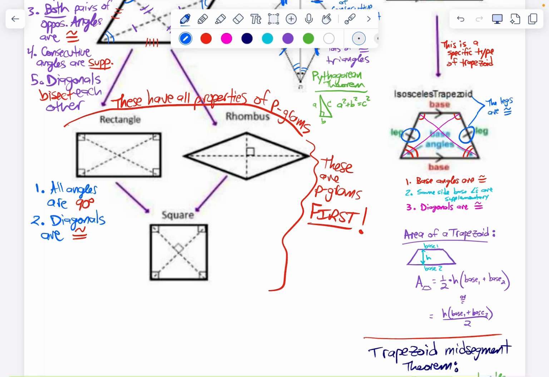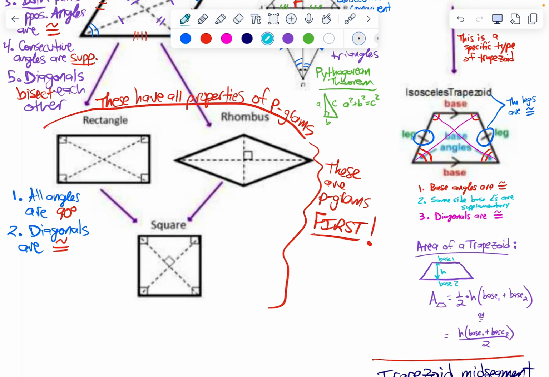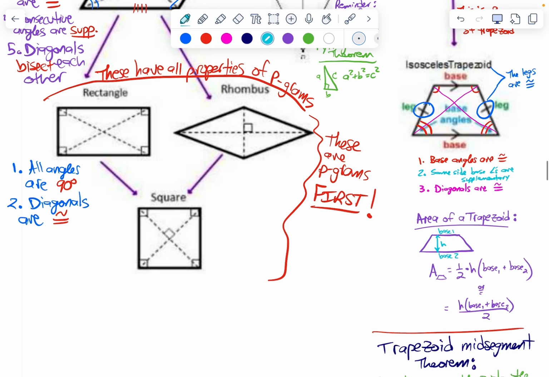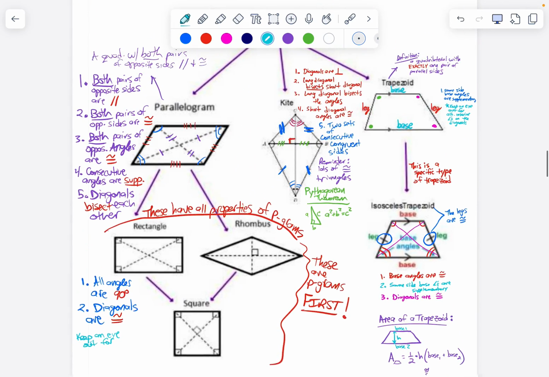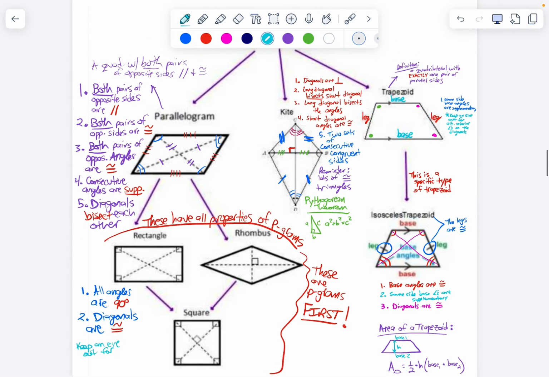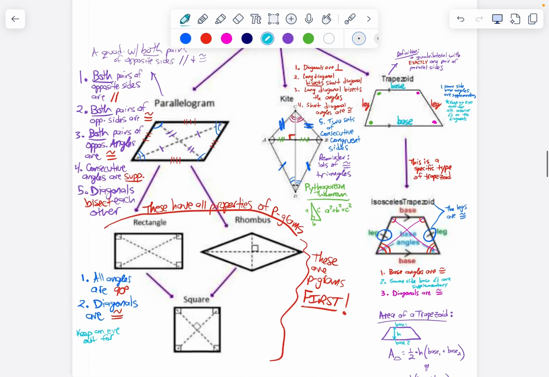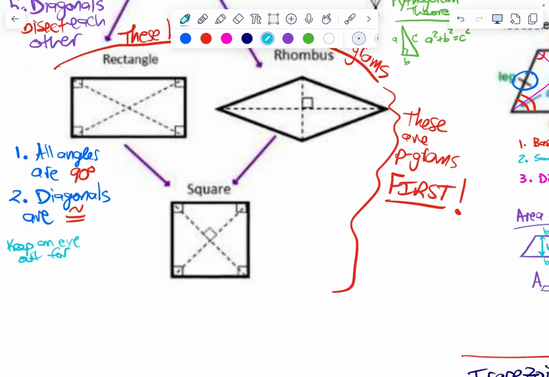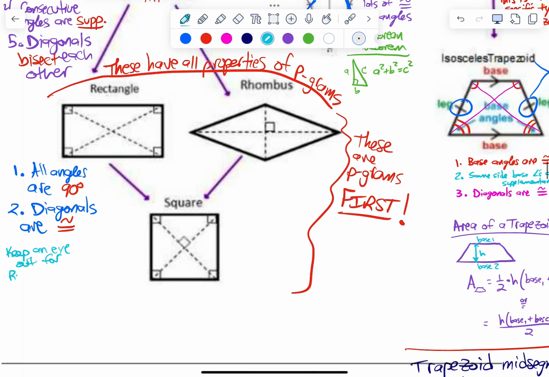So another piece of advice, or just a caution here, is to keep an eye out for what? If we have these 90s floating around, what might come up? Keep an eye out for right triangles, right?